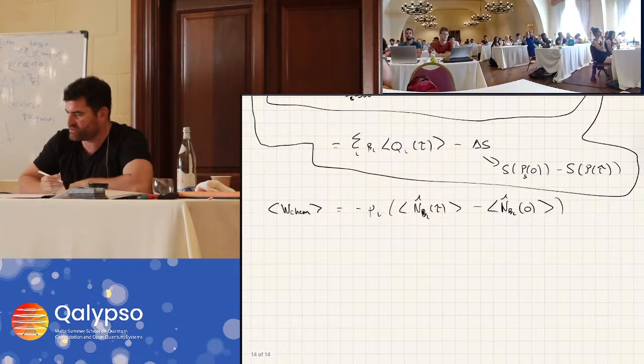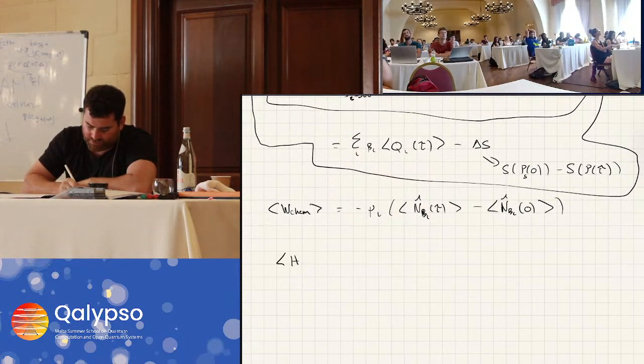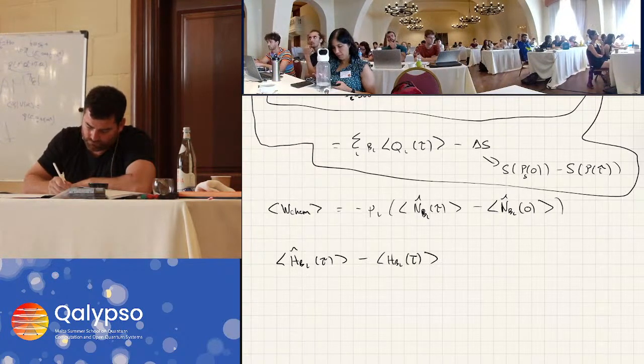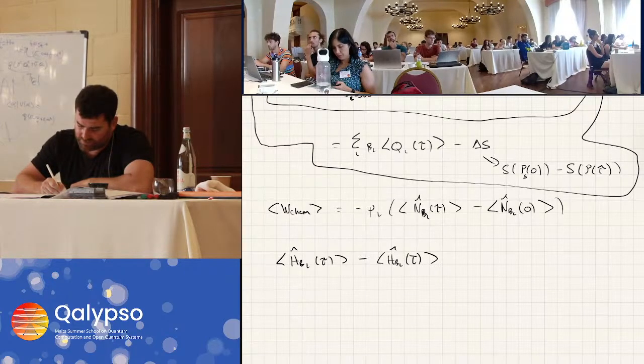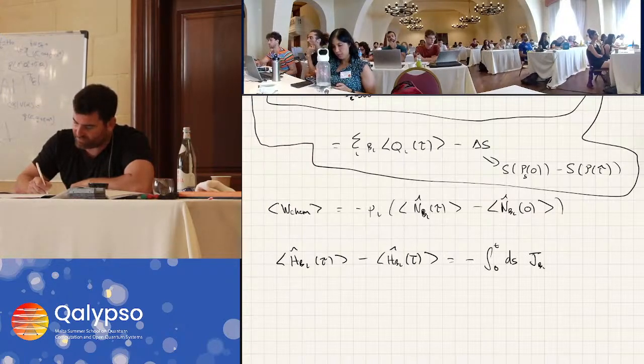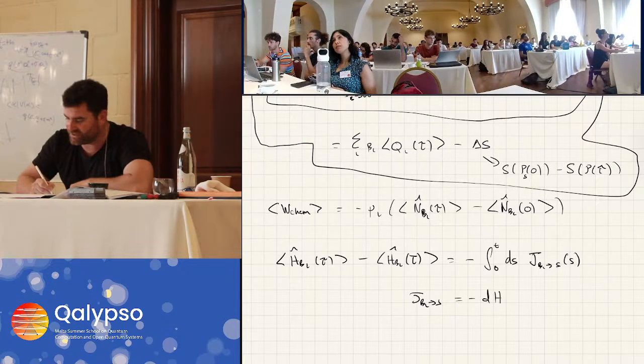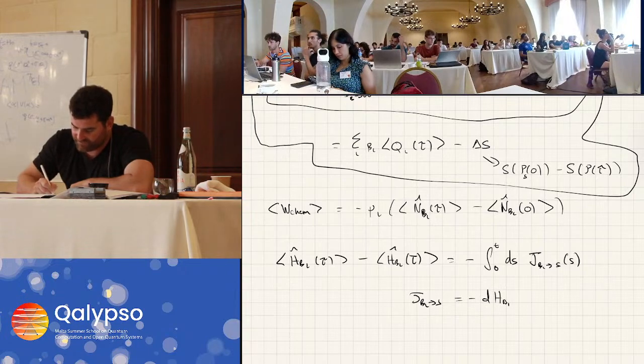Let me show you. Imagine I want to measure in the lab H_Bl(tau) minus H_Bl(0). This is minus the integral from 0 to t of ds j_{Bl to S}(s), where j_{Bl to S}, for example, is minus the derivative of H_Bl with respect to time.